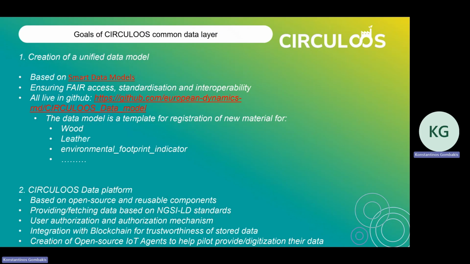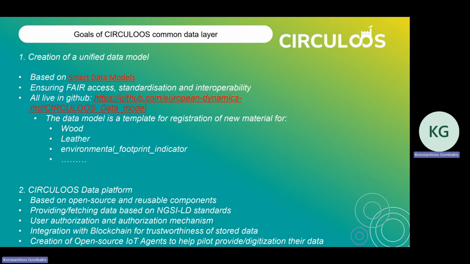So we built upon the smart data models to ensure fair access, standardization, and interoperability. We have this unified data model on GitHub. You can access it, you can fork it, and we also want your help in order to enrich it, to include all the necessary information and data models that are relevant to your use case.